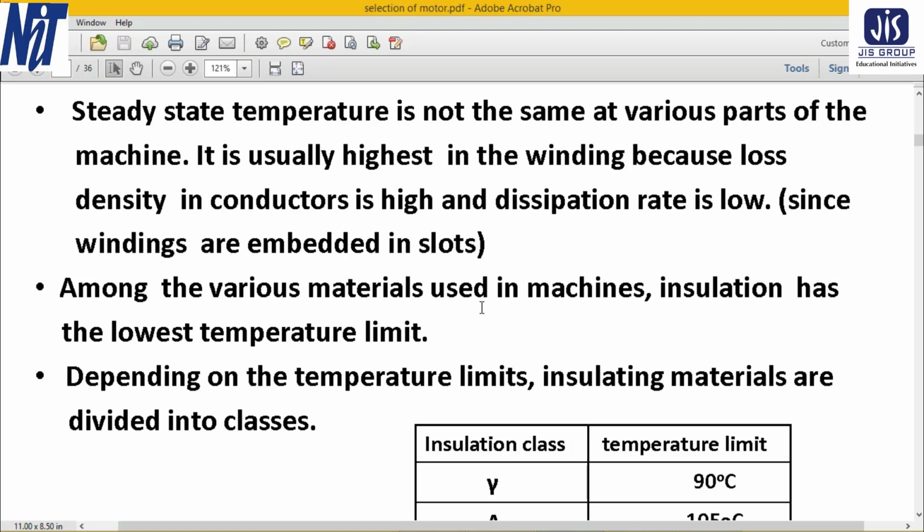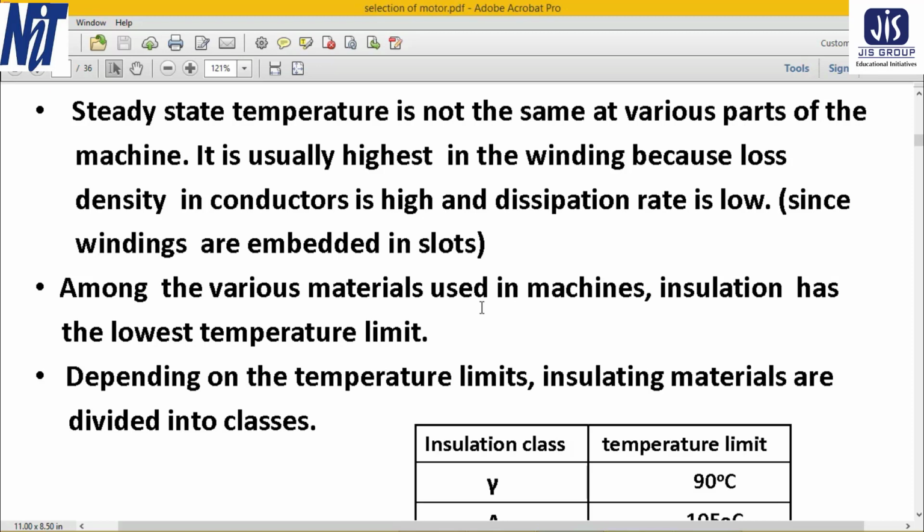The motor is basically a combination of heterogeneous materials, not a homogeneous material, because we have seen in basic electrical machines that the core is made of certain material, the winding is made of copper, the frame is made of something else, the brushes are made of something else. So all these things are different. Among all these things, the insulation has the lowest temperature rise.